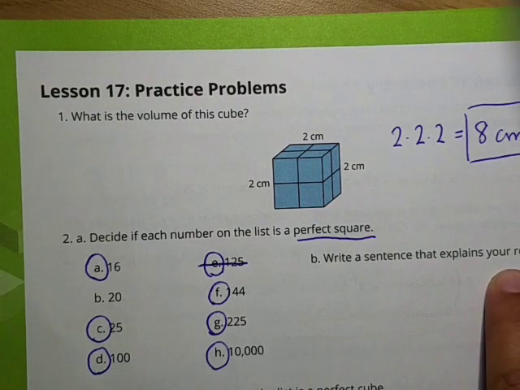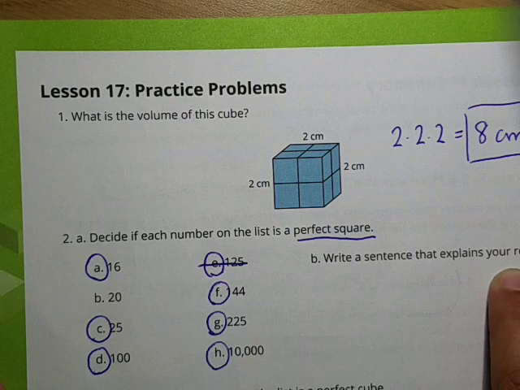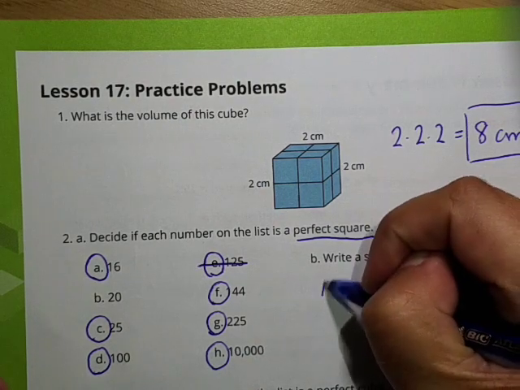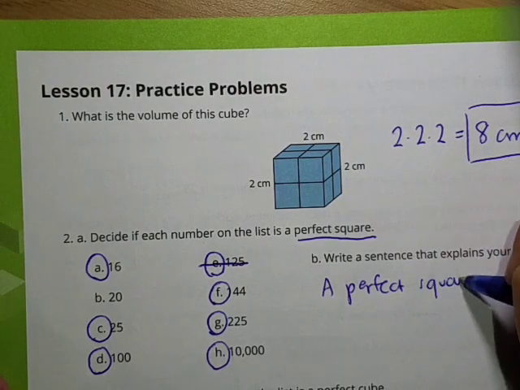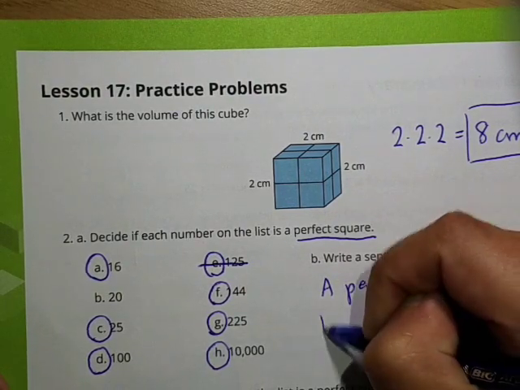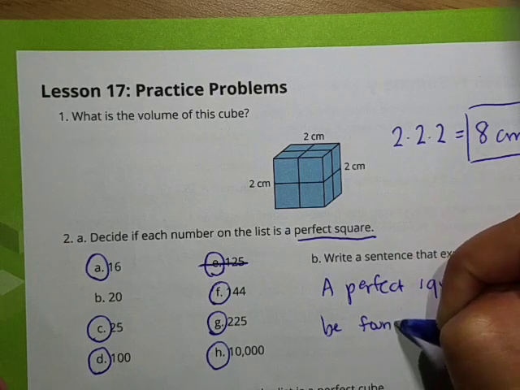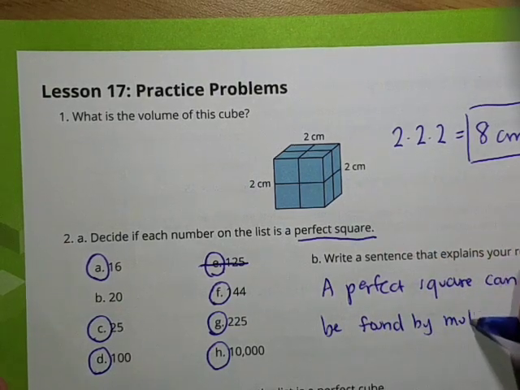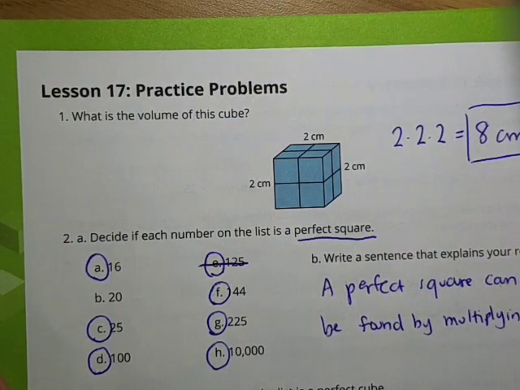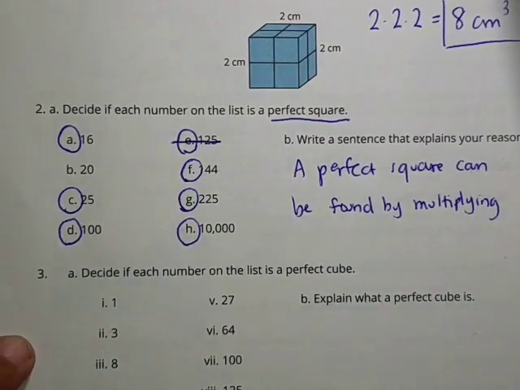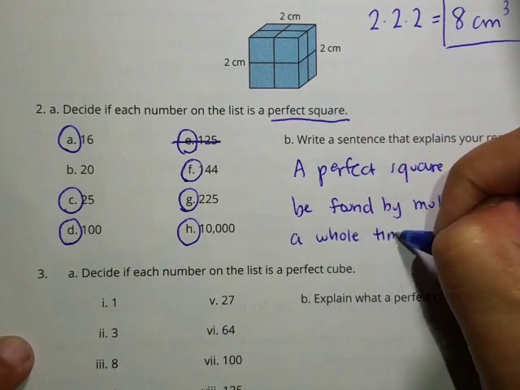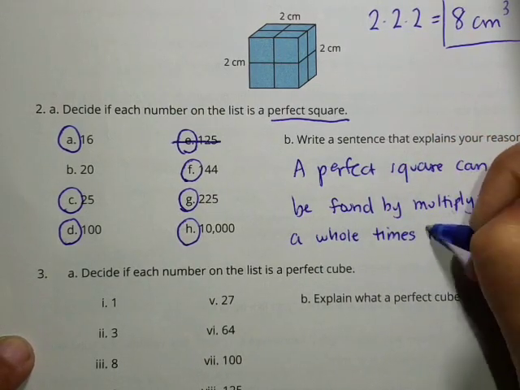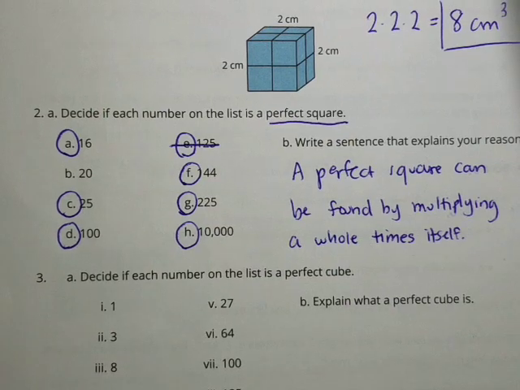And then write a sentence that explains your reasoning. Perfect squares can be found by multiplying a whole number by itself. So a perfect square can be found by multiplying a whole number times itself.